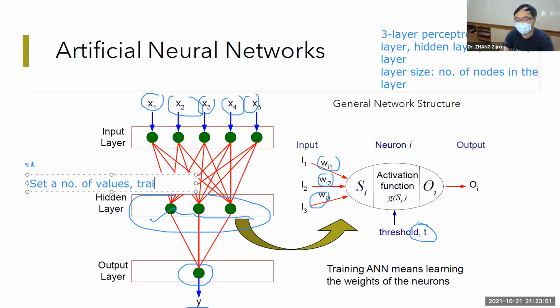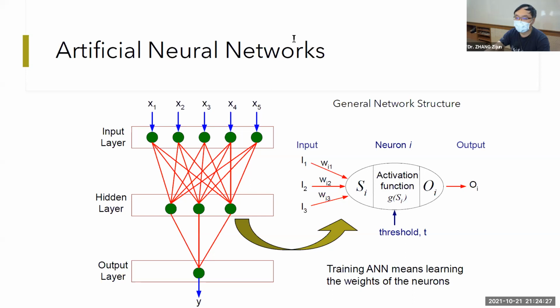It's kind of a trial and error process. Basically, sometimes people training a 3-layer perceptron give 100 choices of the number of hidden nodes. That means train 100 neural networks and select the best one. Then the number of hidden nodes will be set to that one.